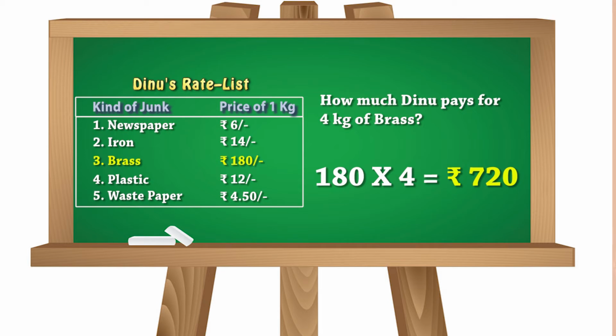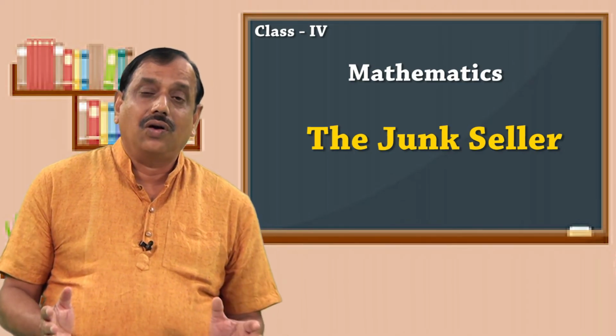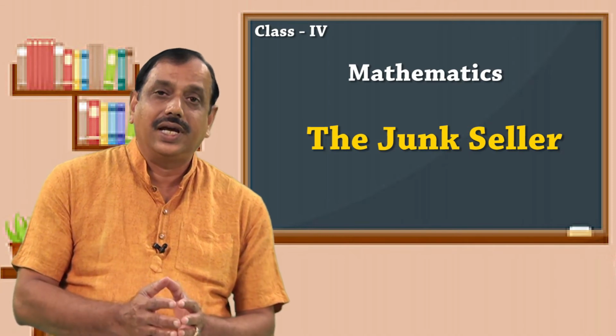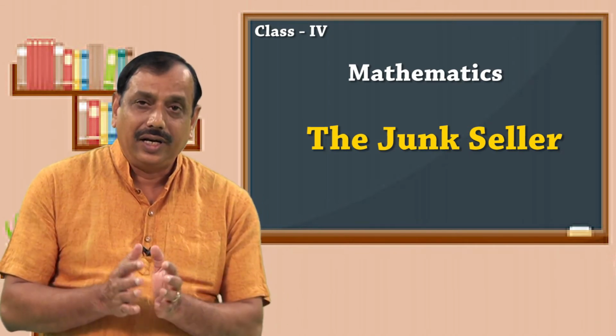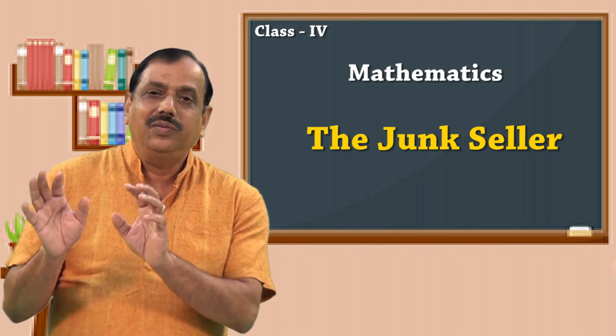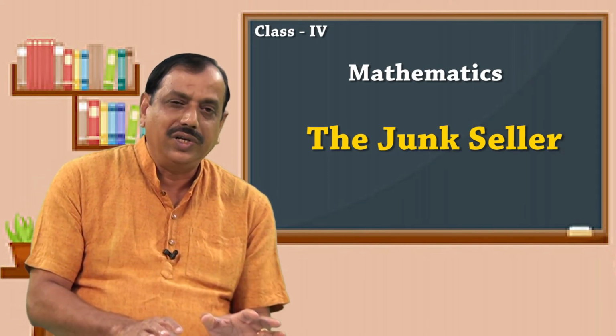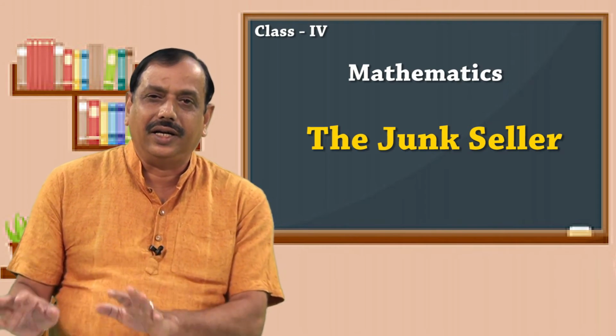So, he pays 720 rupees for buying 4 kgs of brass from Kiran. Now, like this, Kiran sells all her junk, which she has collected from the junk collector, to a bigger shop, Dinu's, and he pays a much higher rate than what she has been paying to the junk collector.